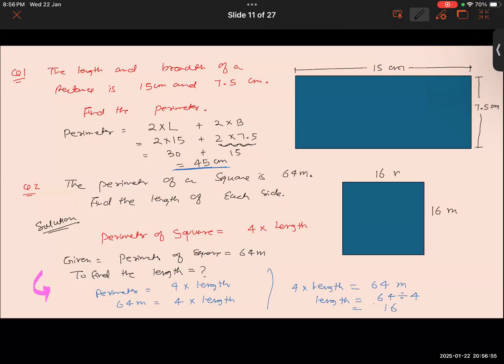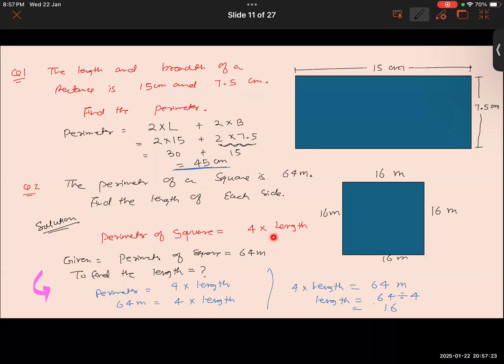You understood the calculation or not? Please tell me. Your answer is correct, but you need to understand this method as well. Yes, Habib? Yeah. Okay, very good. Or you can understand it in the following manner also, like we have to divide 64 by 4. Exactly. But I did 16 multiplied by 4, so the answer was 64.